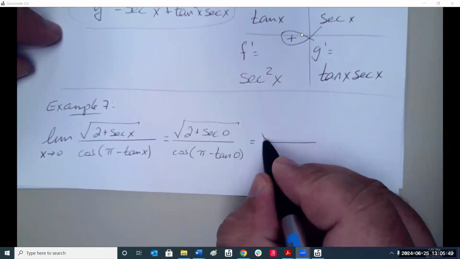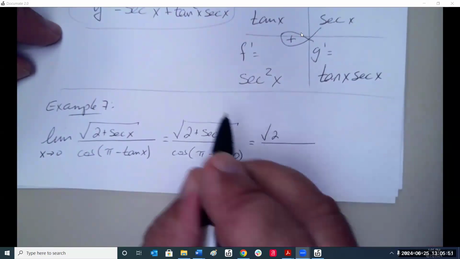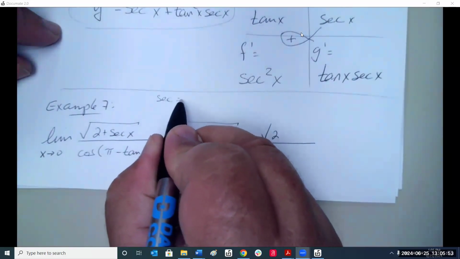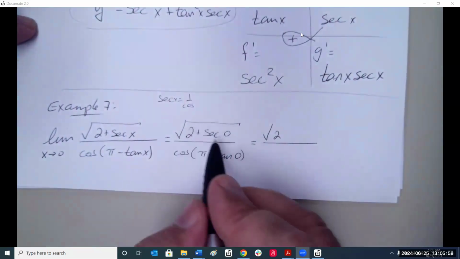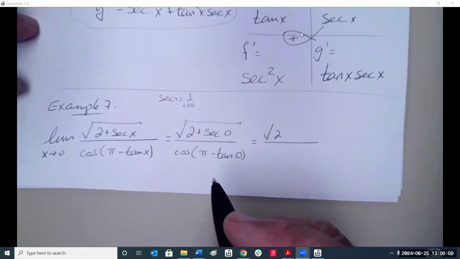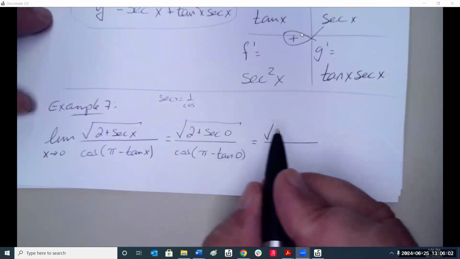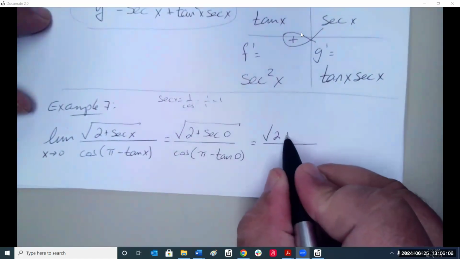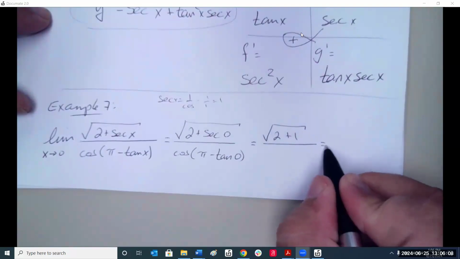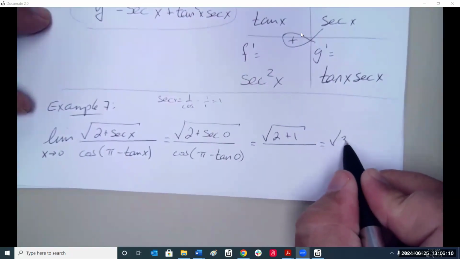What is secant at 0? Secant, remember, was 1 over cosine. What is cosine at 0? 1. So secant is 1 over 1, which is 1. So the top is square root of 3.